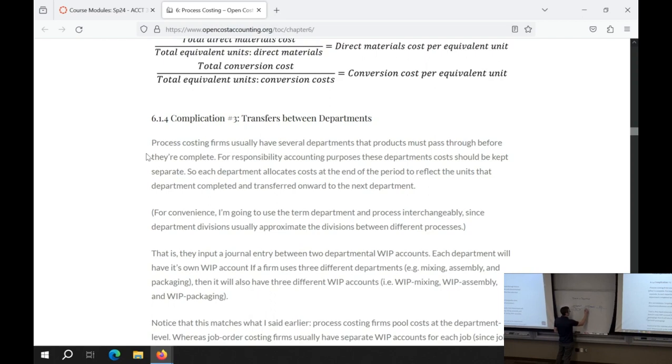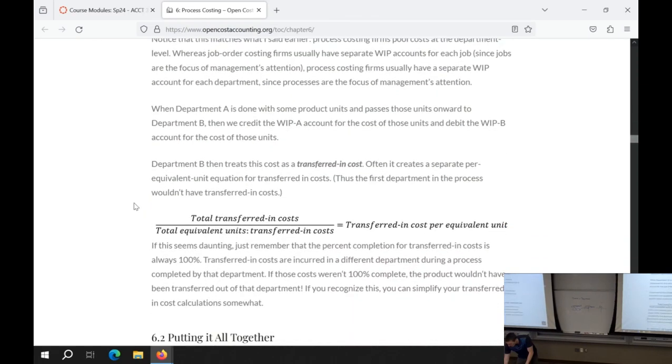And these are now our transferred in (TI) costs for department B. So we end up with a third category of costs here, which isn't that hard to figure out: we have our transferred in costs, and we divide them by the total equivalent units with respect to transferred in costs. And we get a number here.